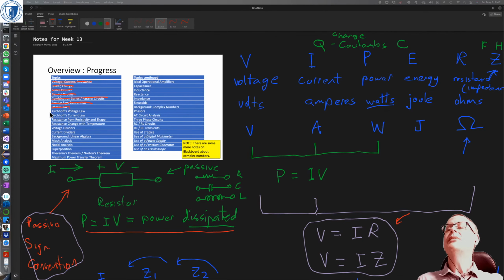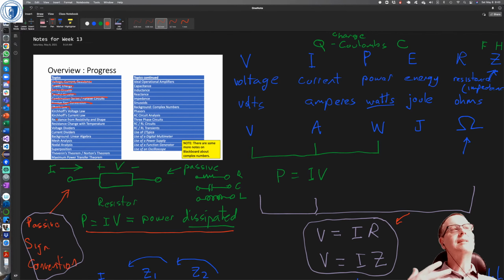Okay, so yes, one thing I want to re-emphasize about Kirchhoff's current law and Kirchhoff's voltage law is, even though I've written them down mathematically, they're really a physical constraint, right?